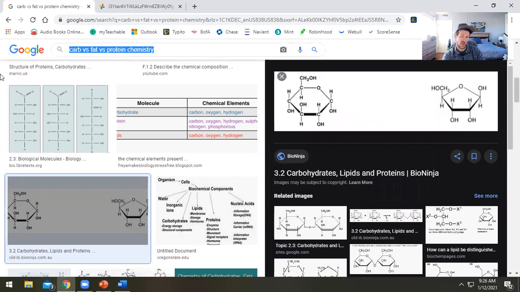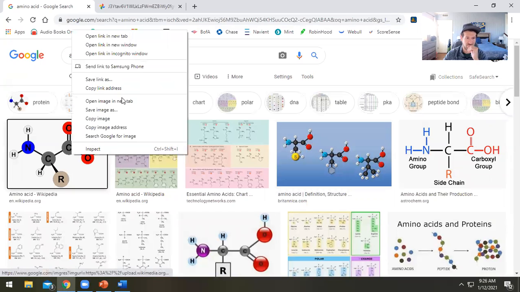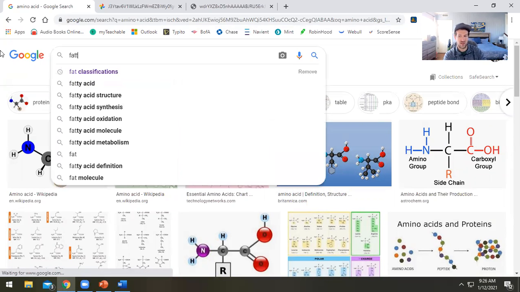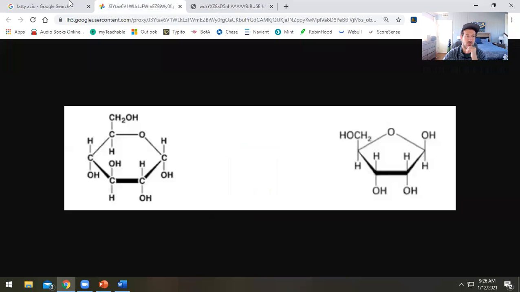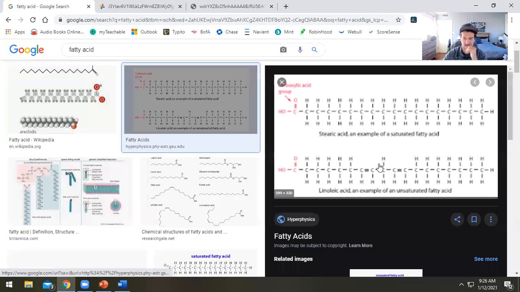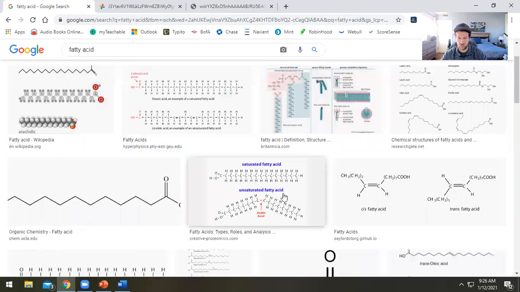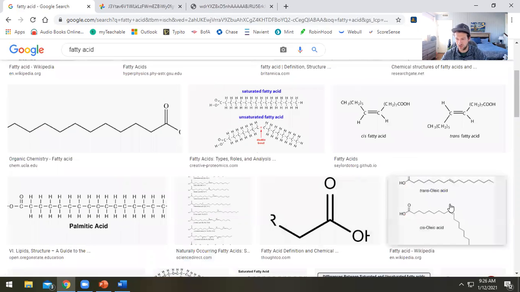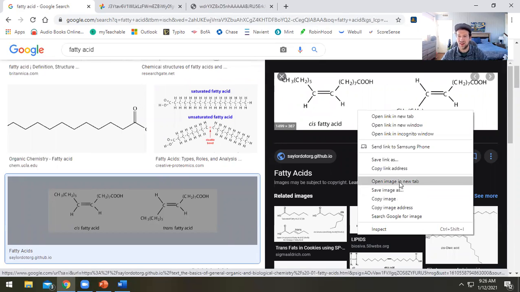Let's see here, amino acid. All right, we'll pull that open. And fatty acid. Actually, that'll work. It's fine. Here's a fatty acid. Okay, but I don't want the black background. There we go. All right.